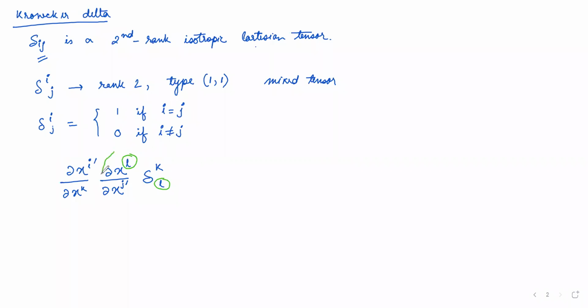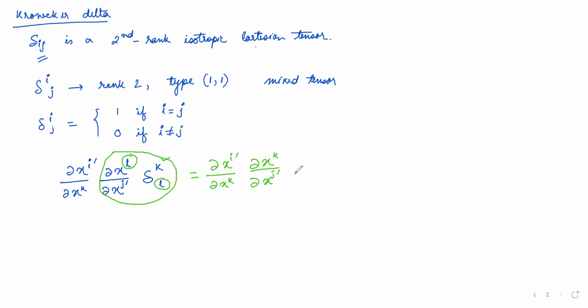So now if I combine these two terms, what should I get? I should get this expression: the first term remains unchanged, ∂x^i' by ∂x^k. But in the second term, l has been contracted, so l will be replaced by k. So we have ∂x^k divided by ∂x^j'.